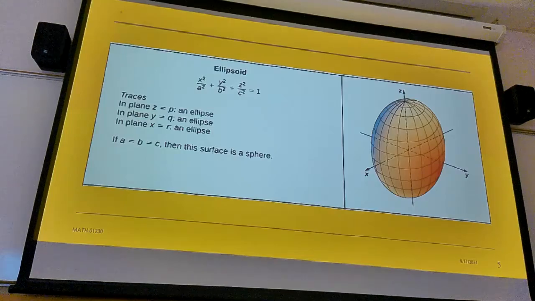Is a sphere an ellipsoid? Yes. It is a special ellipsoid where your a, b, and c are all equal. Just like a circle is a special ellipse. A circle is an ellipse where the semi-minor and semi-major are the same.